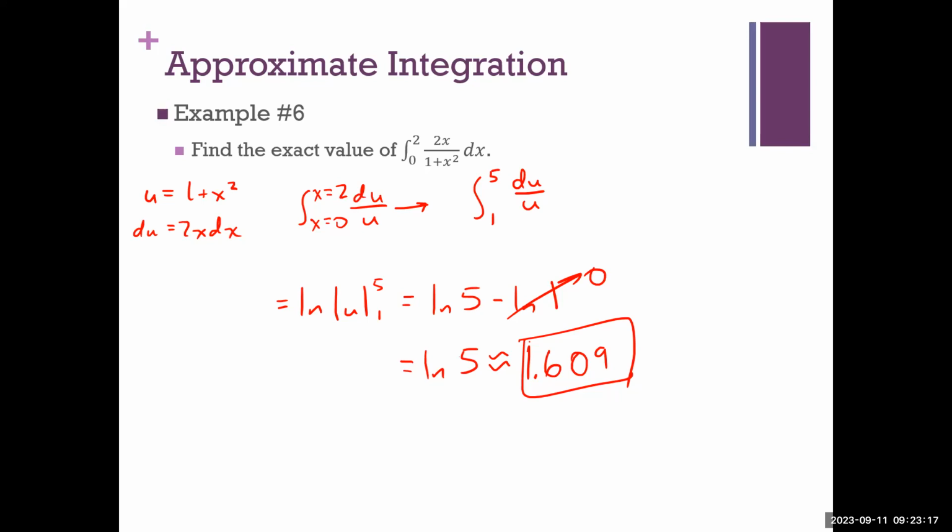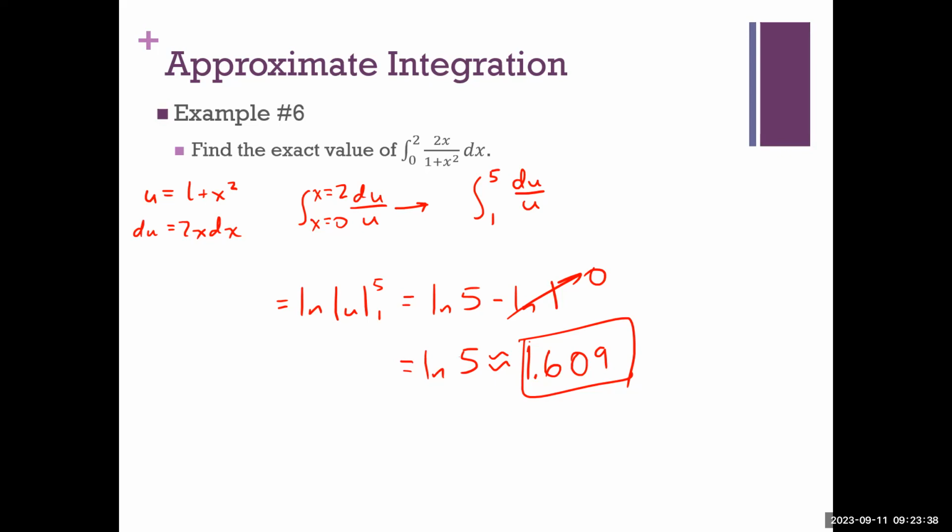Wait, why is this approximate integration? This one's not. Basically everything we did up to this was to approximate this integral. The ones you'll see in the homework, if you haven't already opened it up, many of those are antiderivatives that you don't know how to find. So this one is just a check.